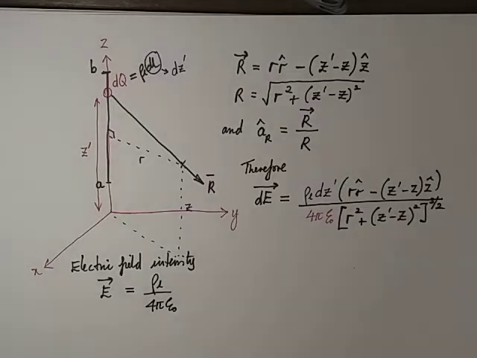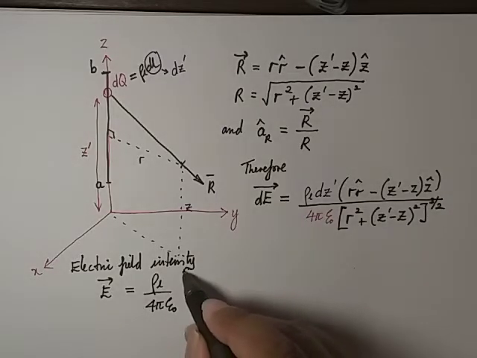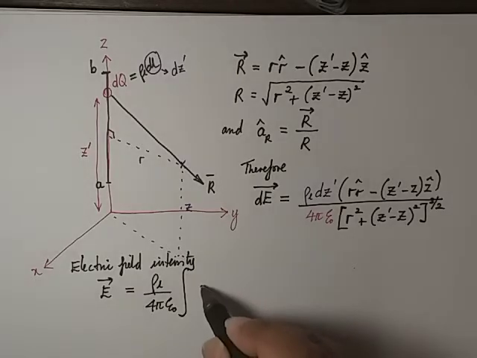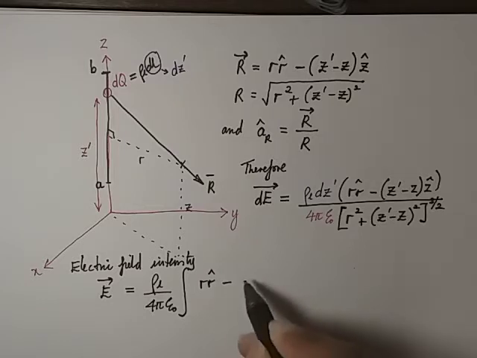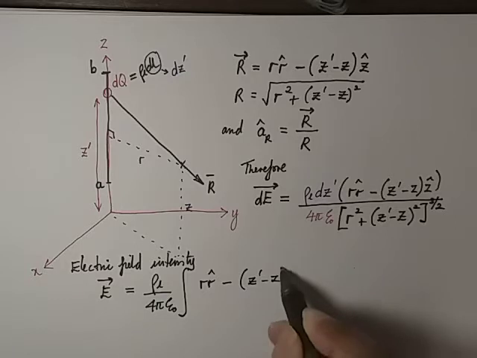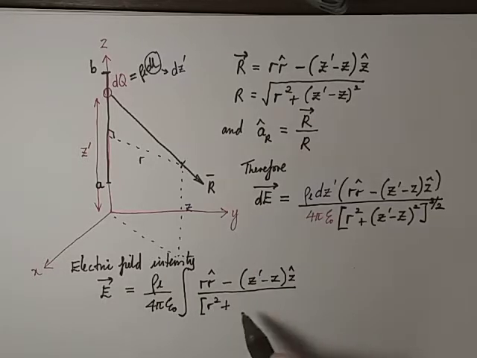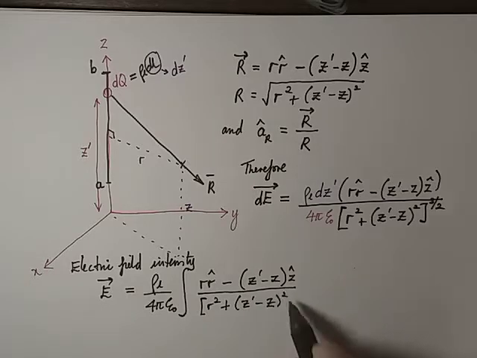Then I'm going to do the integrations. So I'm going to have now R direction minus Z prime minus Z directions, everything divided by R square plus Z prime minus Z square, power of 3 over 2.